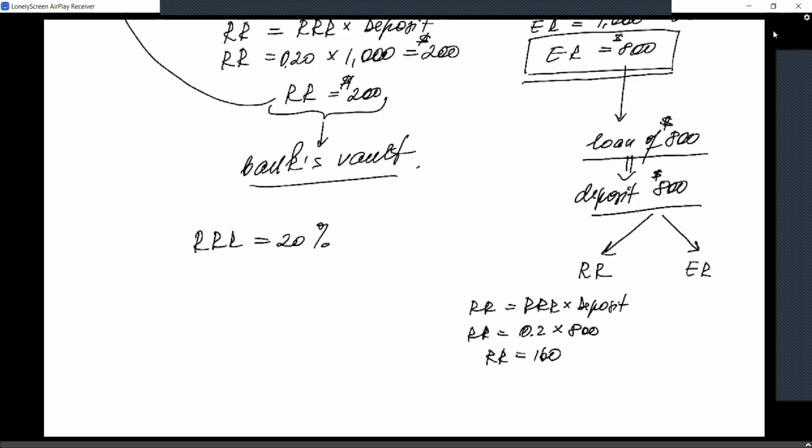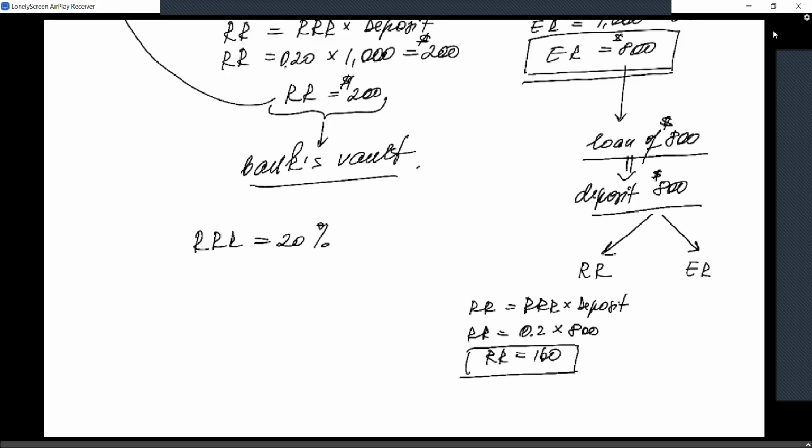Is it correct? Yes. 160. As I deposit the loan, that becomes a deposit. $160 is going to go to the bank's vault and stay there until I'm back to take the money.